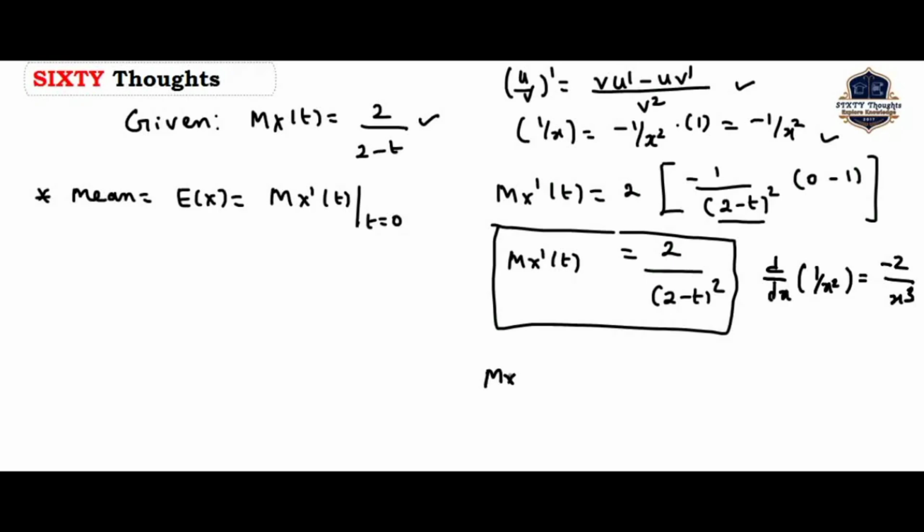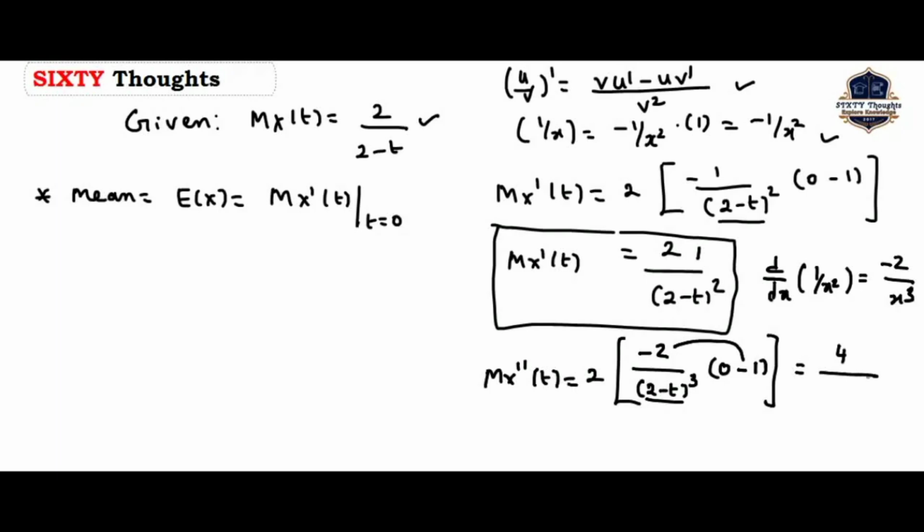Here 2 is a constant, so M_X''(t) = 2 into -2/(2 - t) cubed, and differentiating the inner function gives minus 1 into minus 1. So 2 into 2 gives 4. M_X''(t) = 4/(2 - t) cubed.